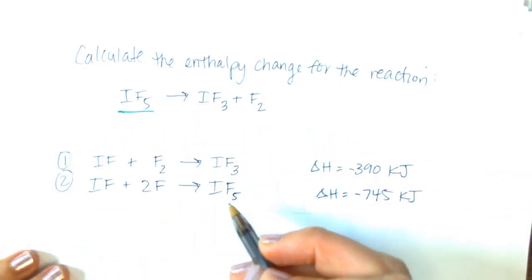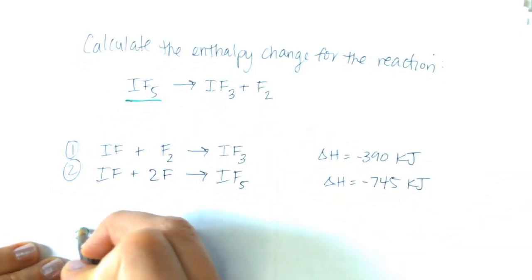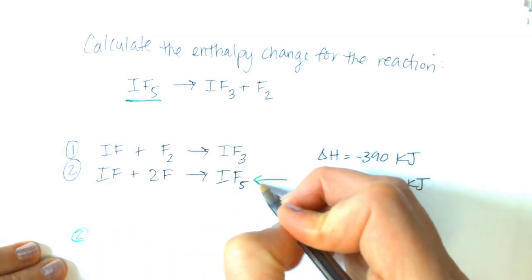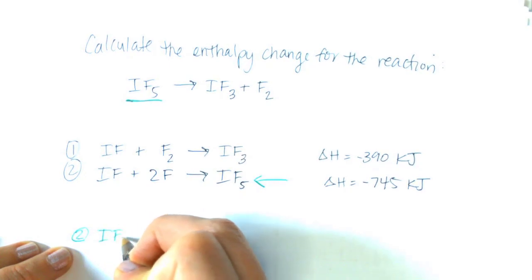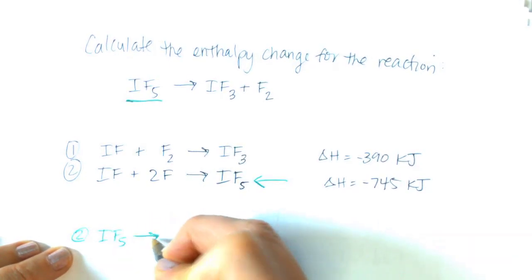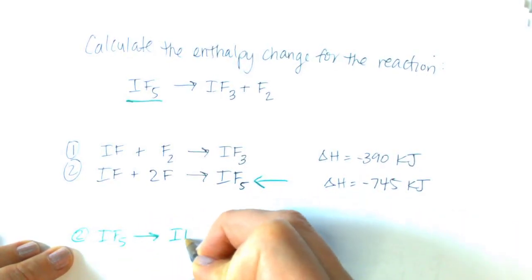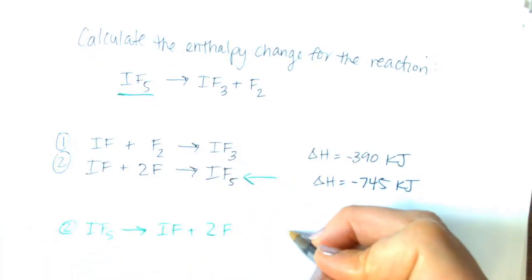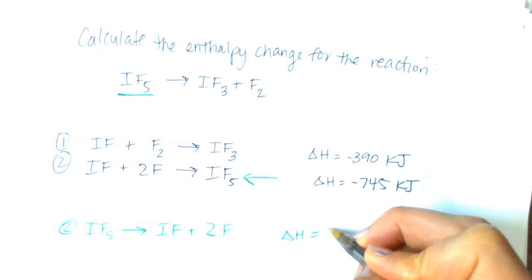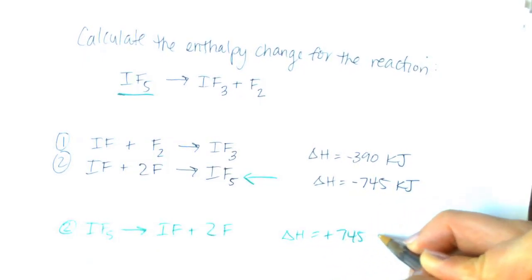So let's rewrite reaction number 2 by flipping this reaction. So I would say IF5 yields IF plus 2F. And that means that delta H is going to be positive 745 kilojoules.